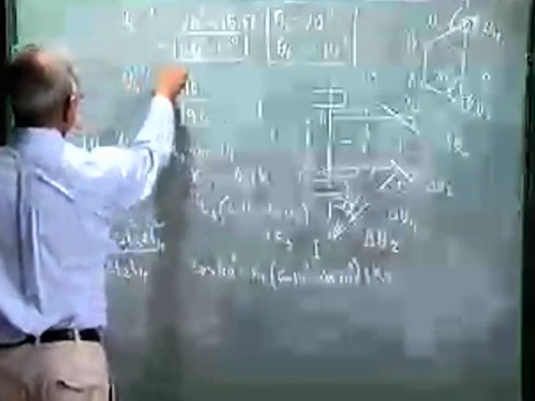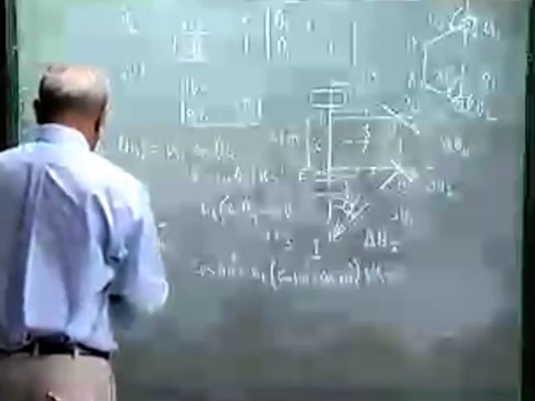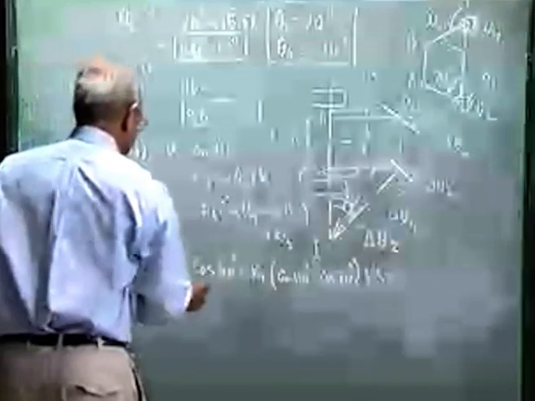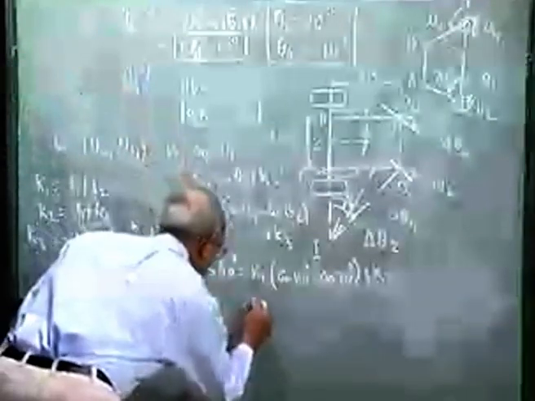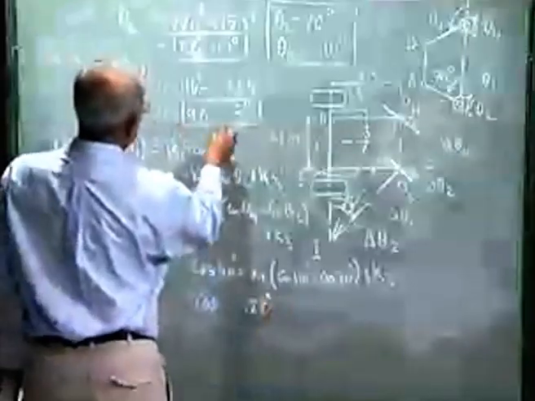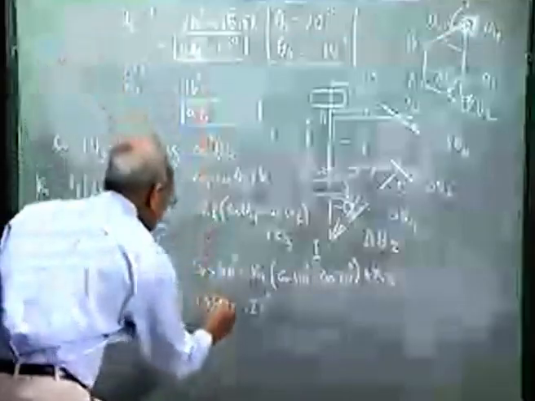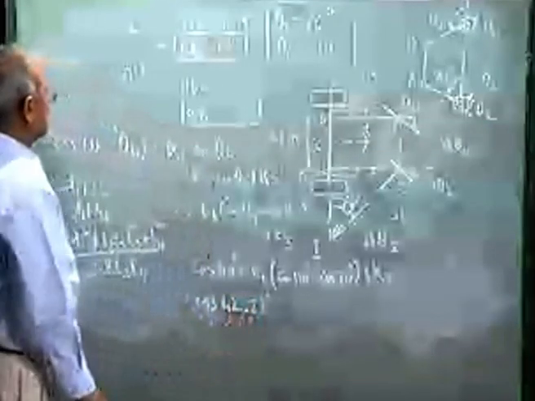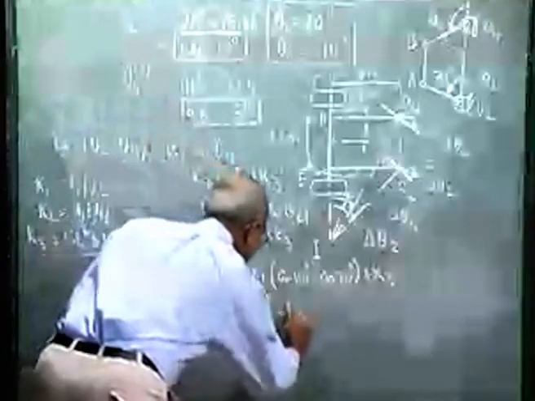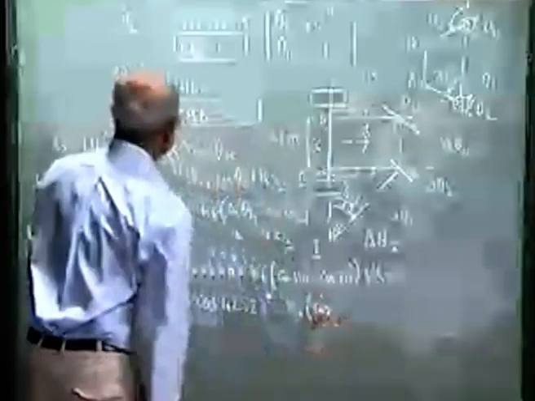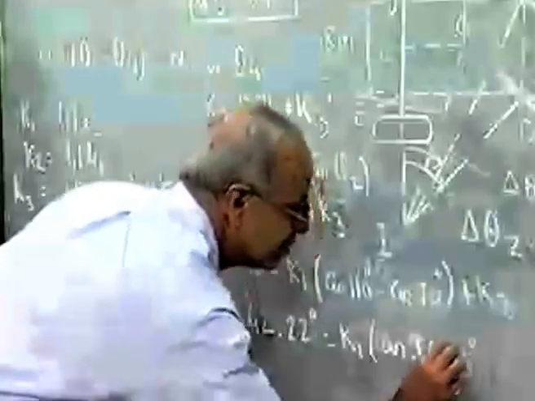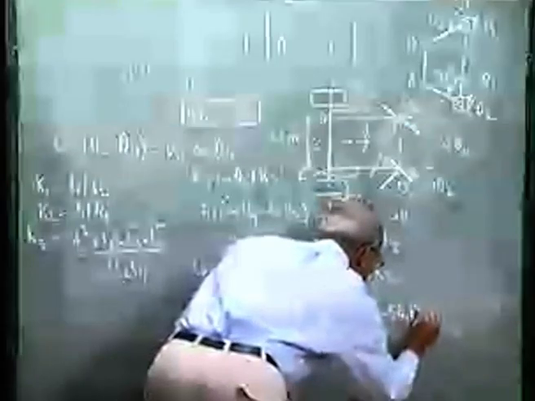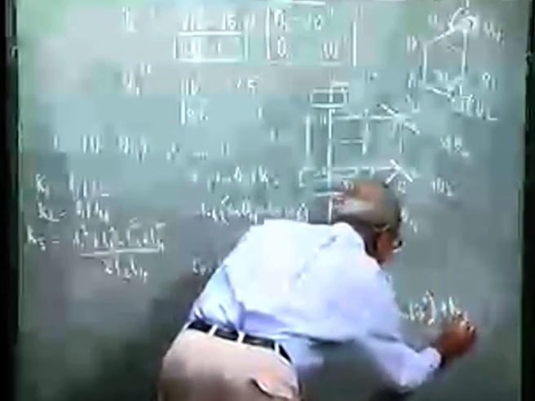And if I use this set of values, then I am getting cosine 42.22 degree is K1 (cosine 96.35 minus cosine 54.13) plus K3.